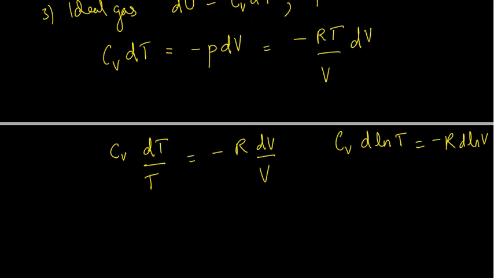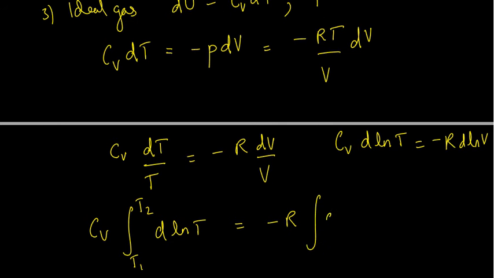So all I need to do is, I know my Cv, and Cv is constant over a narrow range of temperature. That's what we assume. So Cv can come out of the integration, and then all I need to do is Cv integrate from T1 to T2 d log T, and this is equal to minus R integrate d log V from V1 to V2.